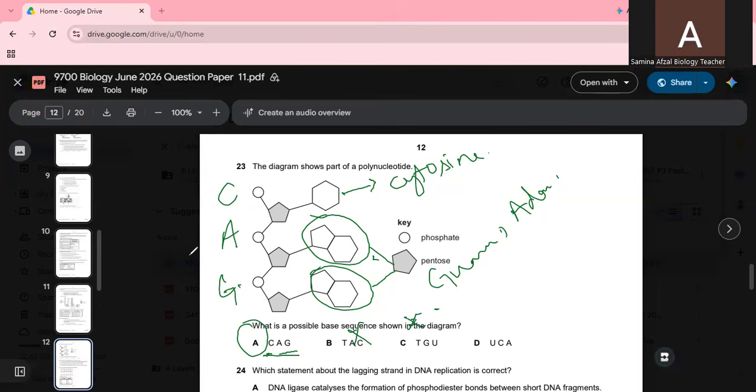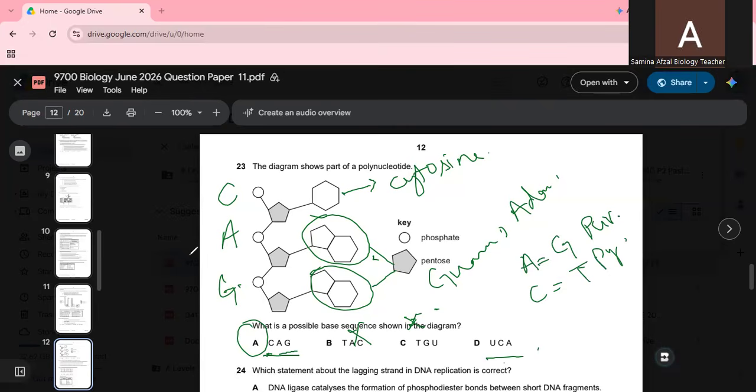You know that adenine and guanine are purines, and cytosine and thymine are pyrimidines. So UAC, again, this is not the correct option.